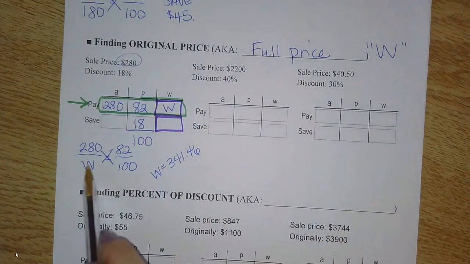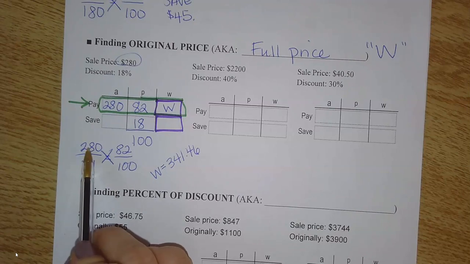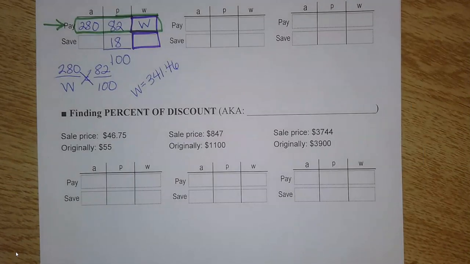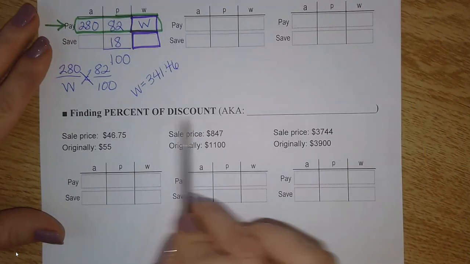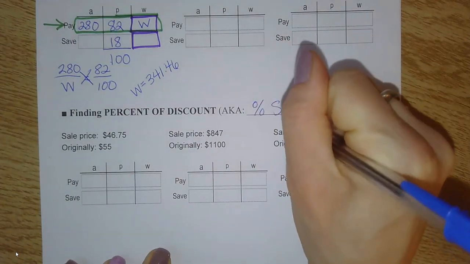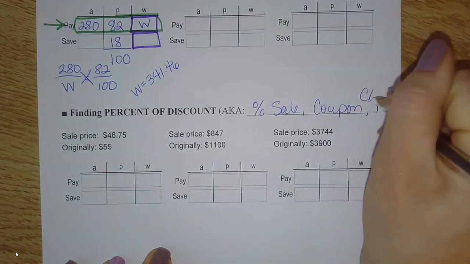So $340 was the original price, and that's if I paid $280 when it was on sale. We're going to look at this last section, the last type of problem, percent of discount, also known as what is the percent of the sale, or coupon, or clearance.